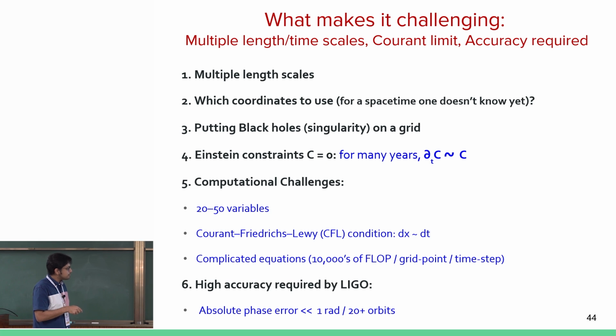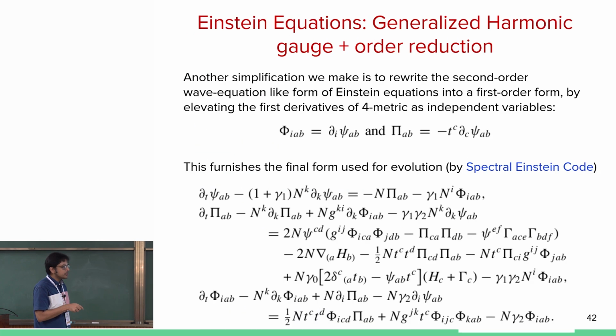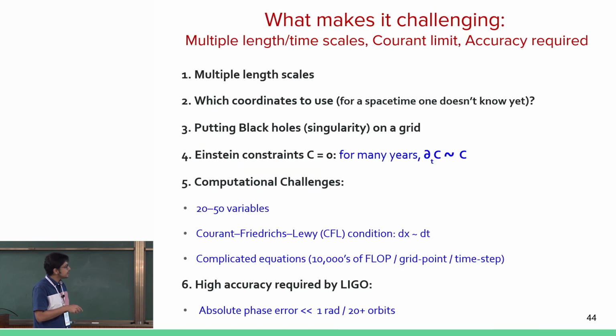Computational challenges: we have many variables. In the second order formulation we had fewer, but in the first order formulation we have these many variables. If you just count the number of variables, you'll find around 50 degrees of freedom over here. So we are solving 50 hyperbolic PDEs in 50 variables, strongly coupled together, right? And finally, the high accuracy required by LIGO and other observatories means that we need very good, very faithful phase evolution for a long duration of evolution.